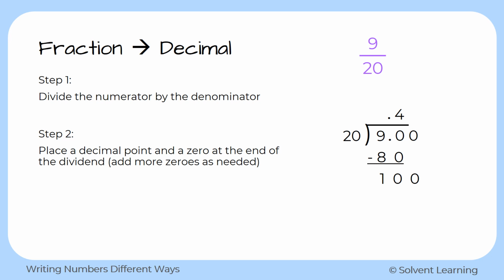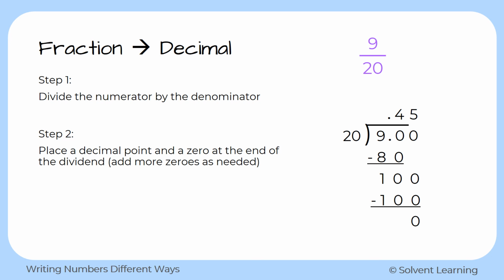Bring that 0 down, and now we say 20 goes into 100 how many times? 5 times. And then 20 times 5 gives us 100. We subtract that, and now we have a remainder of 0. And that's how we know when we're finished this division problem, when we have no remainder left.